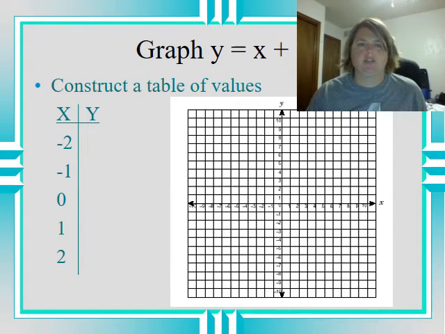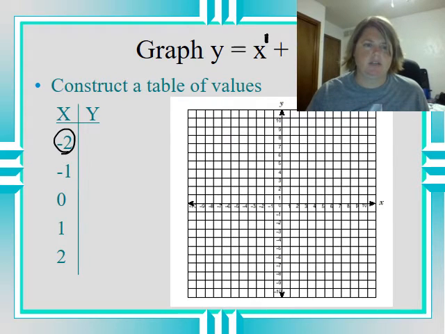All right, so let's do an example here. We're going to construct or graph this line, and we know it's a line because the degree of x is 1, and whenever that's true, it graphs a line. We're going to use a table of values or a T-chart. So whenever you have a linear equation, you're going to use -2, -1, 0, 1, and 2 for the x's. And then the y's are going to be dependent upon what you get.